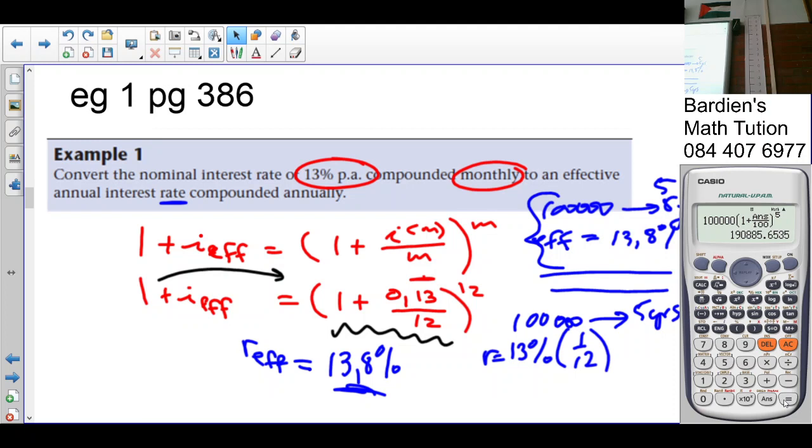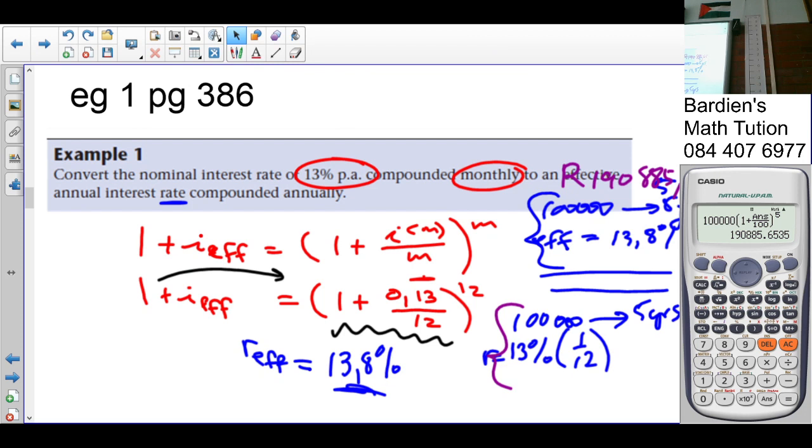So that gives me a return of 190,885.65.